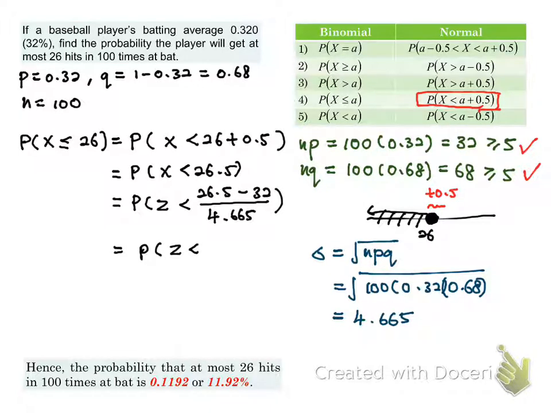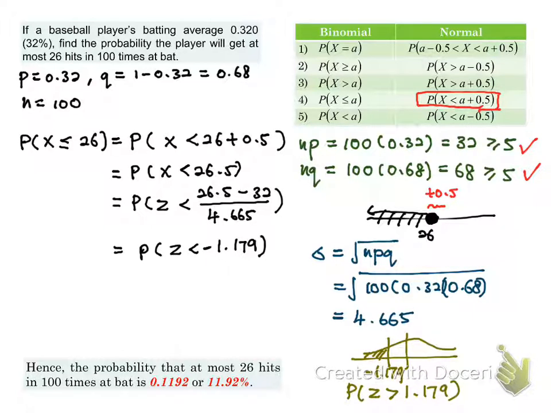And you're getting P(Z less than negative something). We try to draw the shaded region and check which part will be shaded. Less than negative 1 point something will be on the left hand side. So it will be equivalent to the positive, 1.179, right?